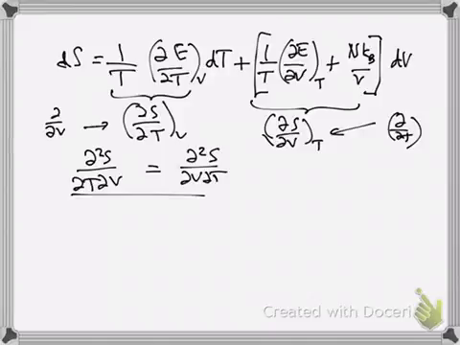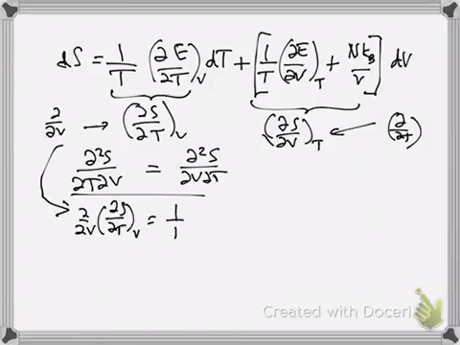Well, if I do this, I can take this first bit here. Partial with respect to v of partial s, partial t at constant v is going to give me 1 over t times the second derivative of e, partial t, partial v, right? So that's all good. So that's this bit.